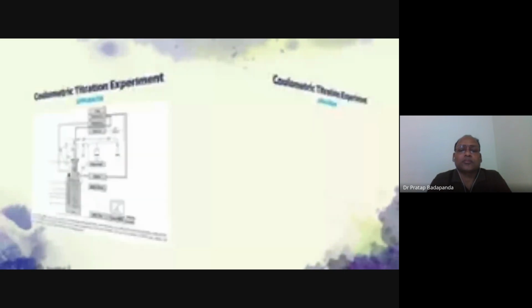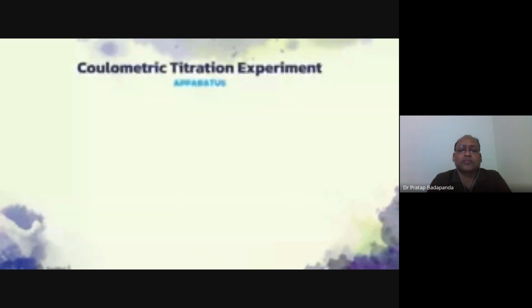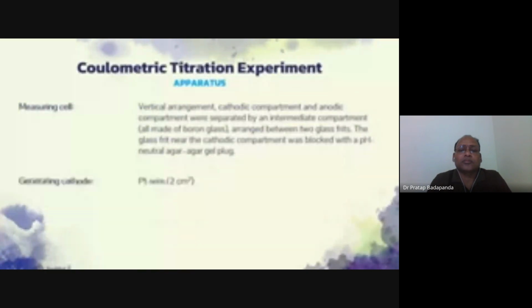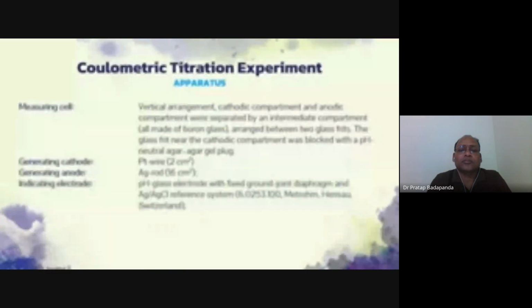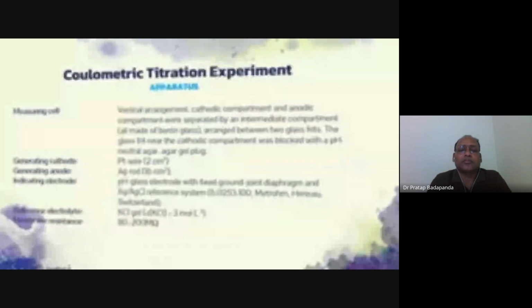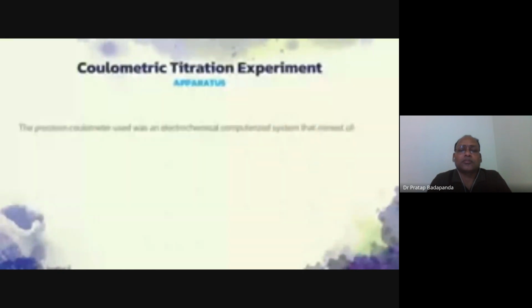This system includes a titration cell with the following specifications. The precision coulometer used was an electrochemical computerized system that consists of a constant current source, an indication unit, a valve unit, and a piston burette.